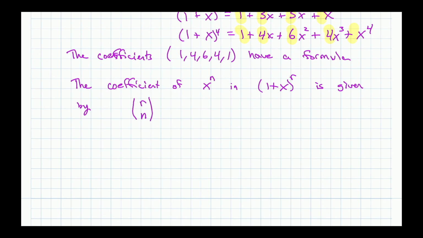Those parentheses are on top and on bottom, and that mathematical symbol means this. And you're going to see this symbol in other math classes, like a statistics class or something like that.